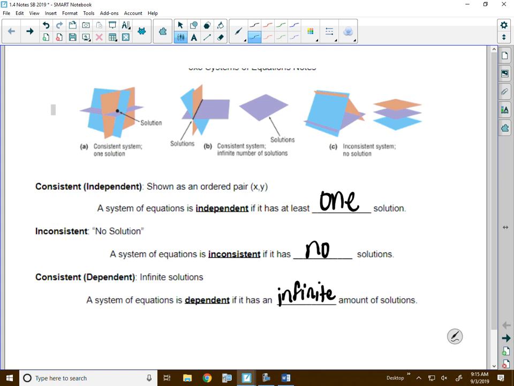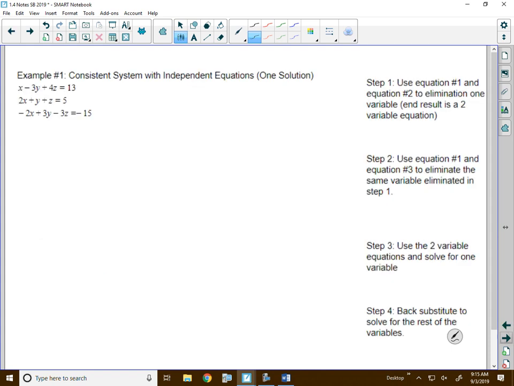So to remember these definitions: independent, there's one, standing on its own. If it's dependent, there will be more than one solution. And inconsistent, it won't work. Those are the three things that will happen. We're going to go through one of each type today, at least.